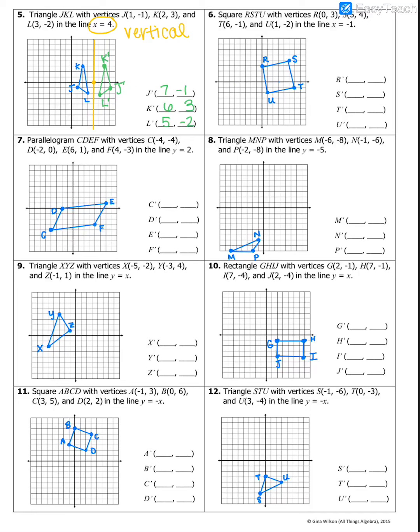And once again, this is kind of that similar pattern that in this case, you would expect the Y values to stay the same because it's a vertical line, but we're not really going to see that pattern. The reason why is because we're not reflecting across something that's completely symmetrical.